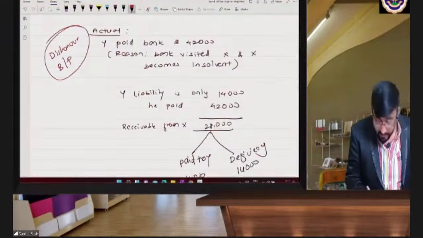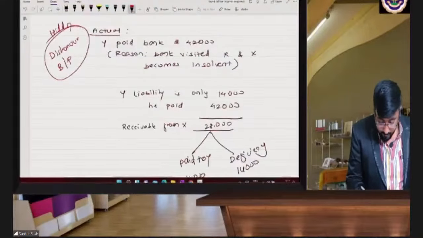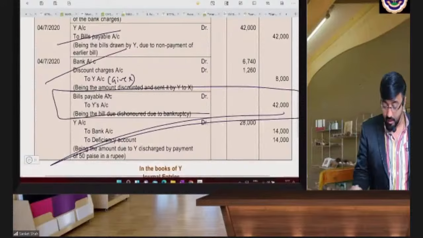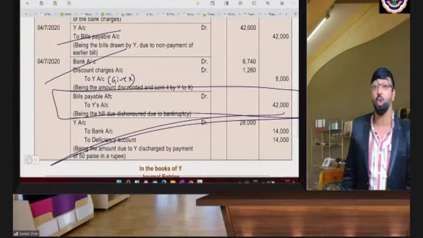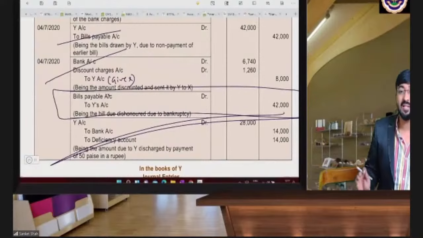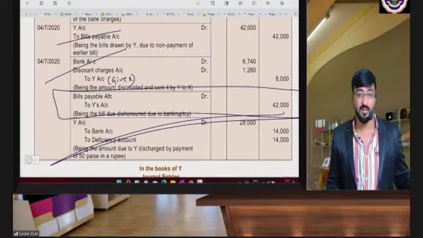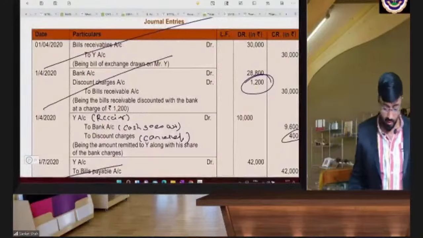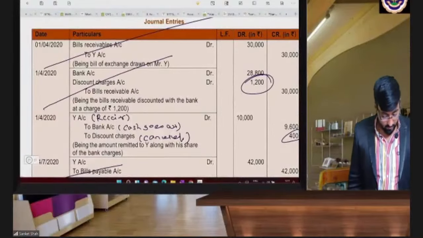This is a hidden entry. Then Y paid it to the bank, so we have to pass an entry: bills payable to Y. We dishonor our acceptance. And the last entry, Y to bank to deficiency. Very simple entries: bills receivable to Y, bank account debit, discount account debit.